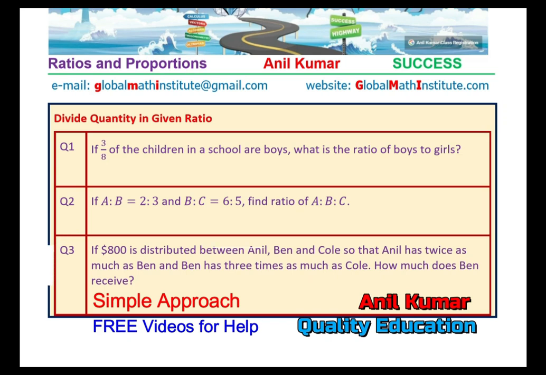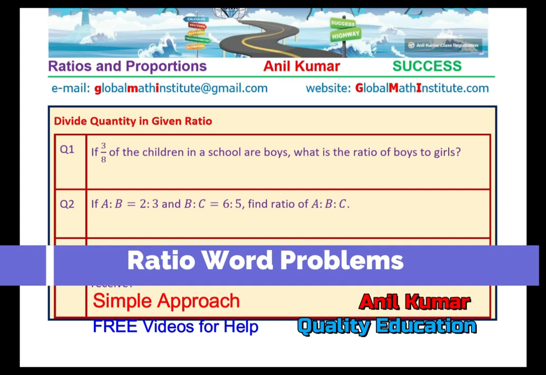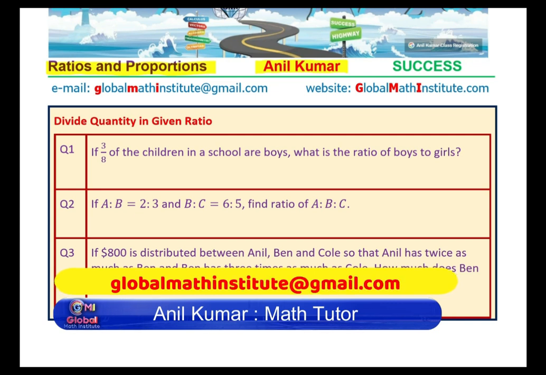Let us try to understand how we solve word problems related to ratios and proportions. Here are three questions which we are going to answer in this video. These are the types of questions which you should know to master strategies for solving problems related to ratios and proportions.